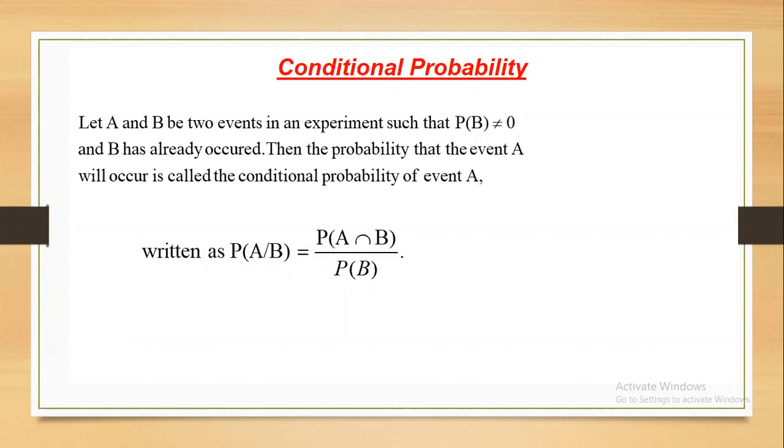We are going to use here the formula: probability of A given B equals probability of A intersection B over probability of B. Here, if you multiply both sides by P of B, we are going to get P of B times P of A given B equals P of A and B. So it's written like this.